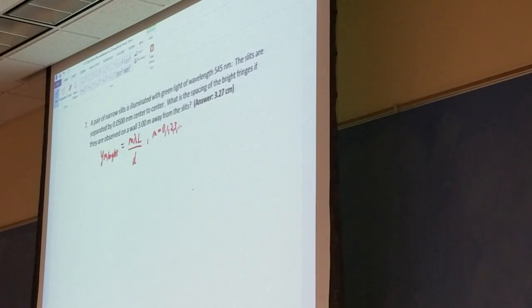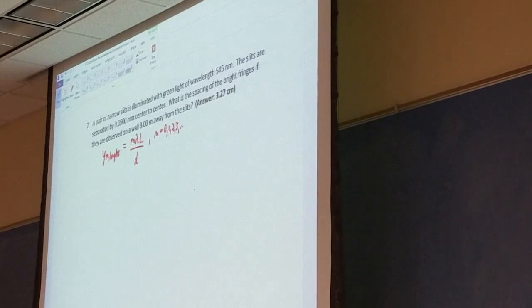And so we're told the wavelength, the slit separation, and we want to know the spacing of the bright fringes.